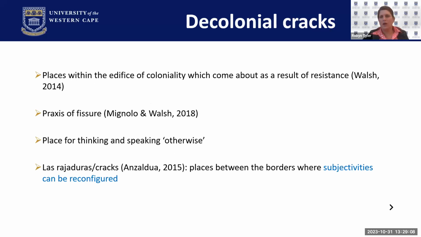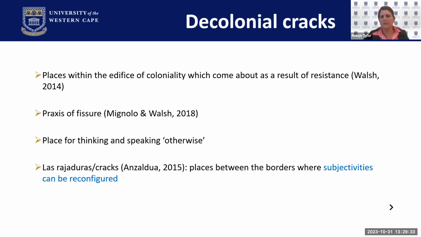And then, obviously, in response to that, I looked to the literature on decoloniality, and in particular, this notion of a decolonial crack, which was coined by Catherine Walsh in 2014, describing the resistance that comes in the face of coloniality in order to disrupt and upset the colonial order.